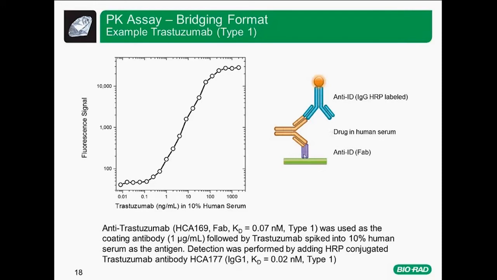We use one anti-idiotypic antibody as capture antibody in the Fab format, and another anti-idiotypic antibody in the IgG format, HRP labeled, for detection. The capture antibody is 70 picomolar and the detection antibody 20 picomolar, and this translates into a very good assay sensitivity down to about the 100-200 picogram per milliliter range, Trastuzumab in 10% human serum.